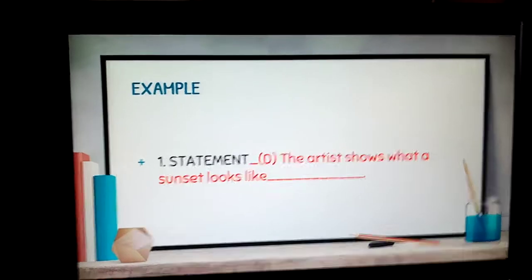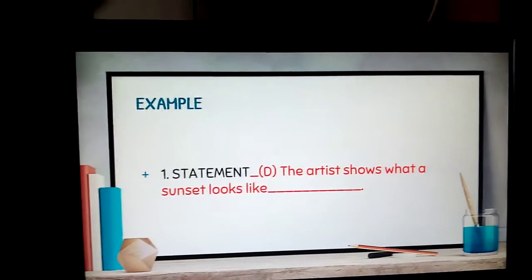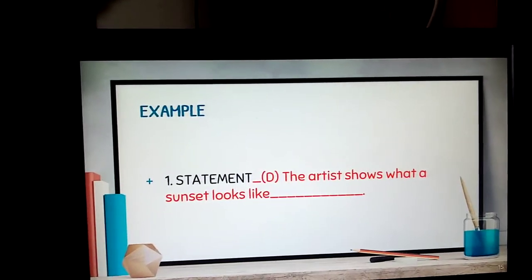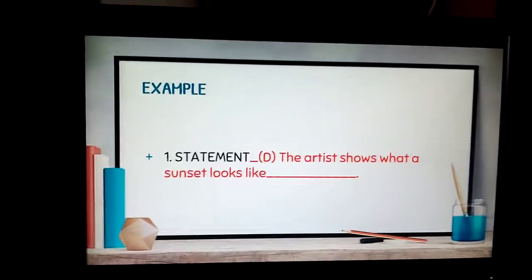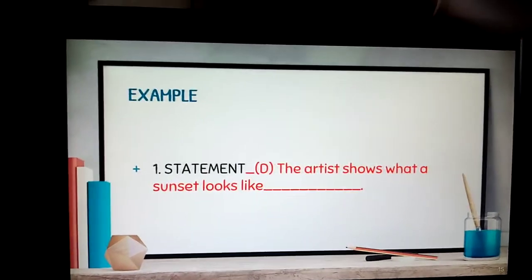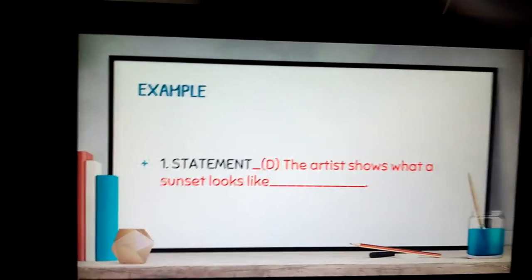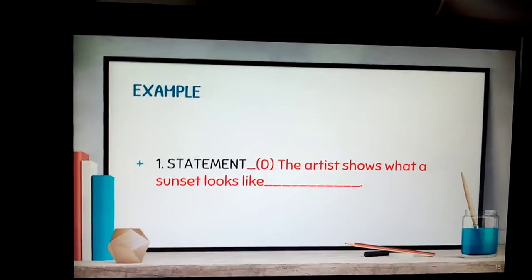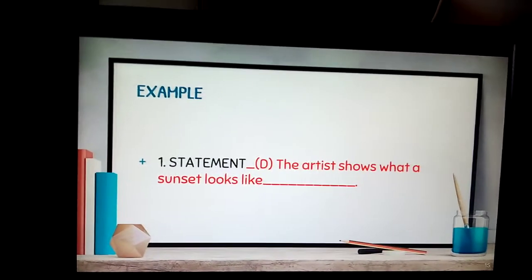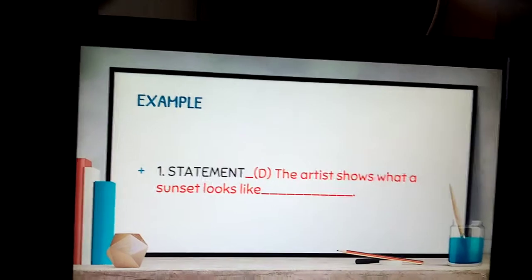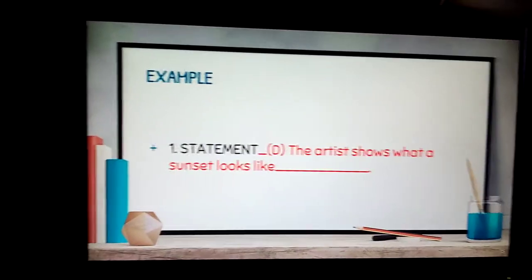Is that a question? Is that a command? Is it a statement? Is it an exclamation? No, it's a statement. Then you have to look for the other words in the exercise. If the sentence ends with a question mark, it's a question. If it ends with an exclamation mark, it's an exclamation. That's the way we're going to do this exercise.